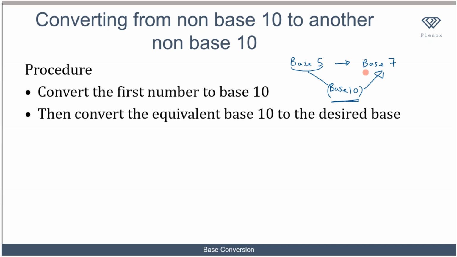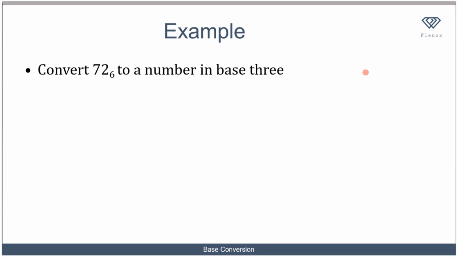So let's look at one example to explain that. Now this example says convert 72 in base 6 to a number in base 3. If you've been following very well, you will observe there is a mistake with this question. So I want you to look at this question, particularly this number, and figure out what is wrong.